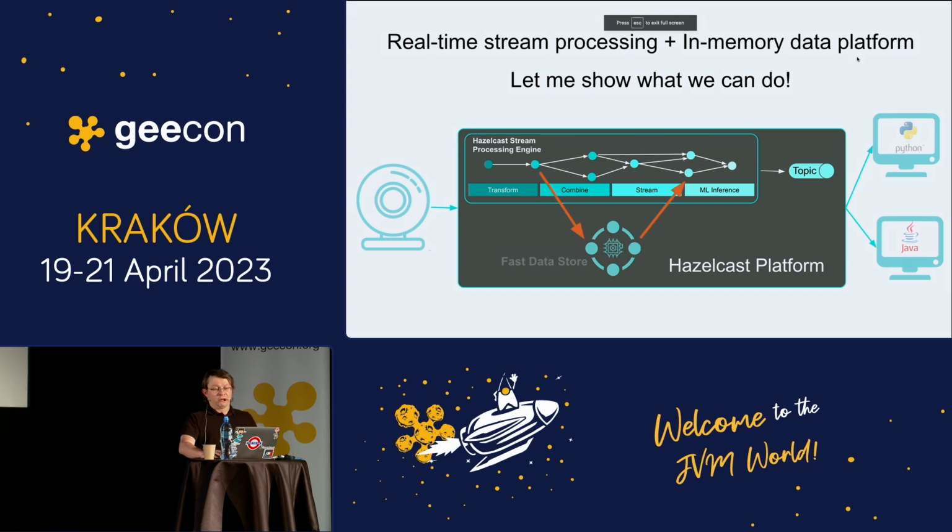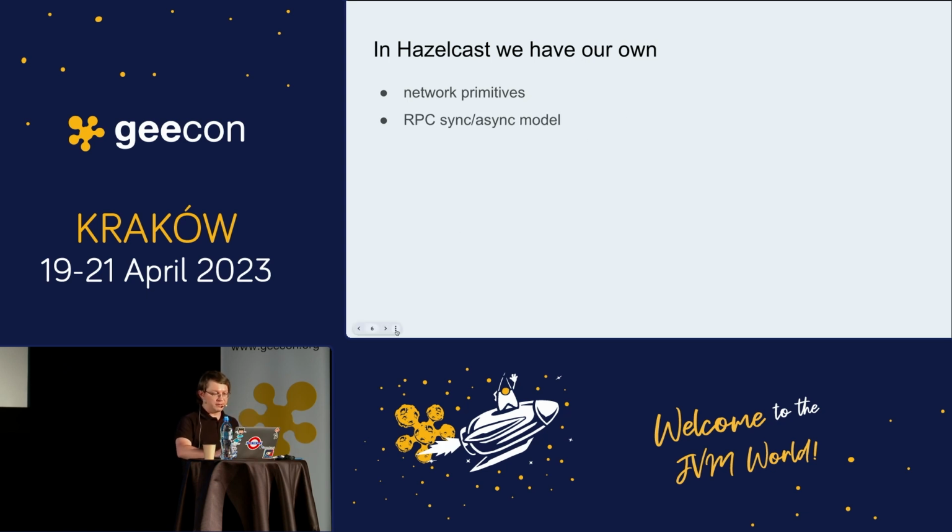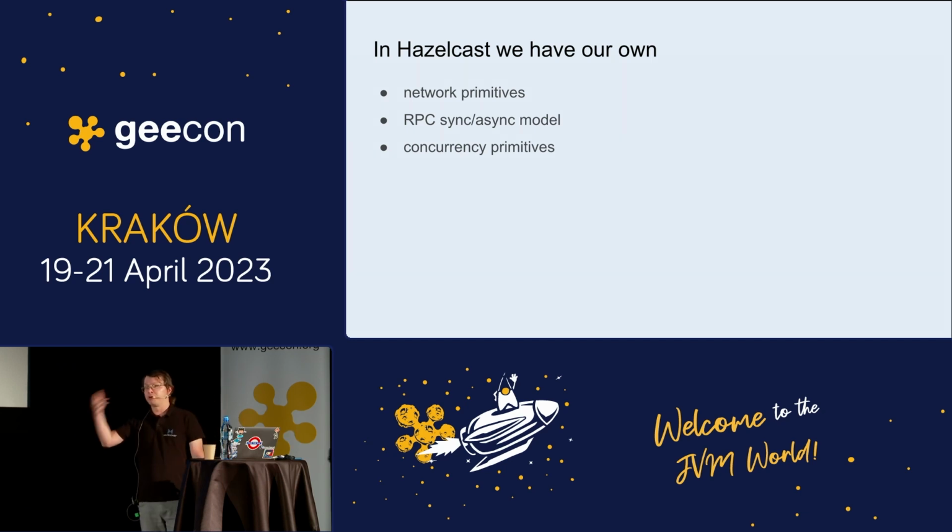As you know, in Hazelcast we have our own stack for network primitives, also our own model for remote procedure calls for sync and async operations. Of course, we have our own concurrency primitives, and now we are working on the so-called thread-per-core engine.